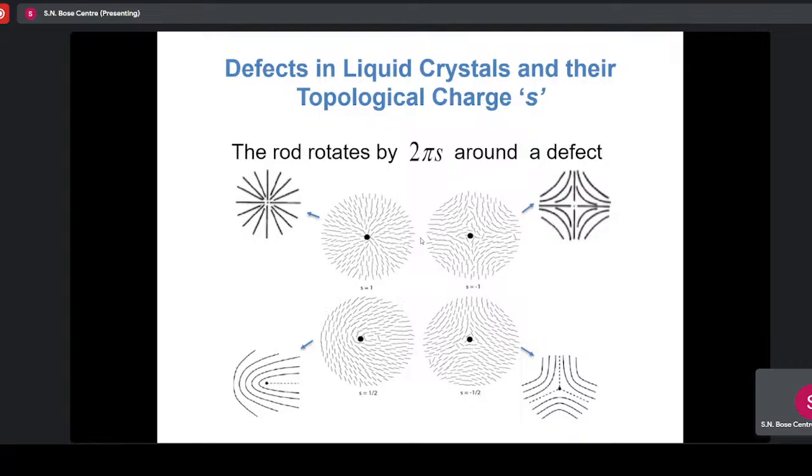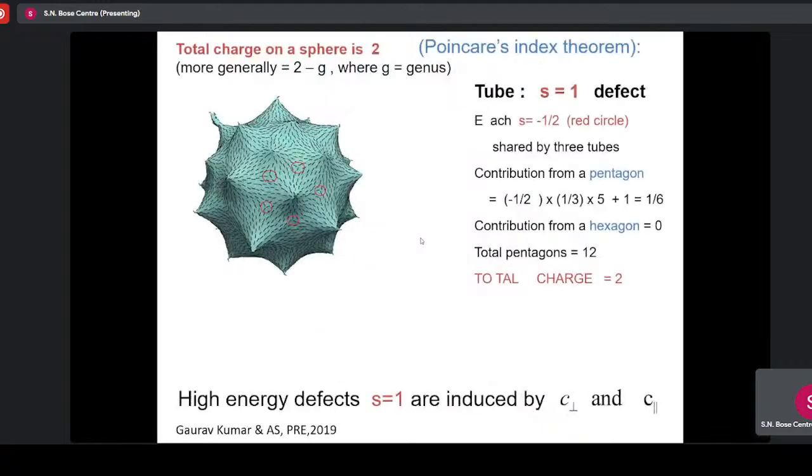Accordingly, you can have S1, S-1, and so on, different types of defects. And there is a theorem, often popularly called the hairy ball theorem, more formally Poincare's index theorem, which tells you that if you have a closed surface, then the total amount of topological charge is 2 minus g. In this case, g is 0, so it has to be 2. Total charge is 2.